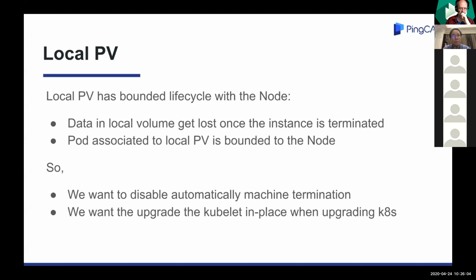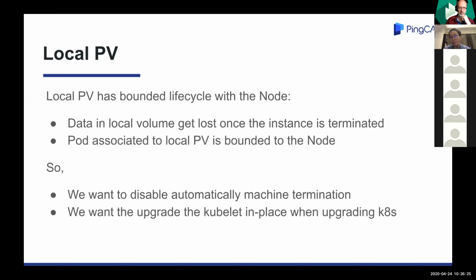Plus, a pod associated with local PV is bound to the node, which means it's hard to do failover when a pod associated with local PV is down.